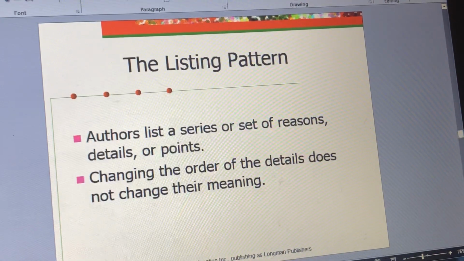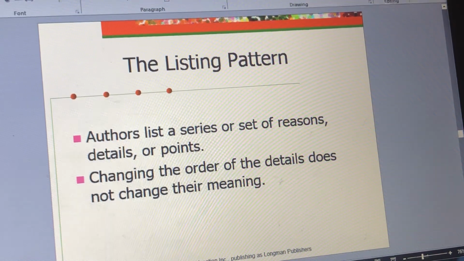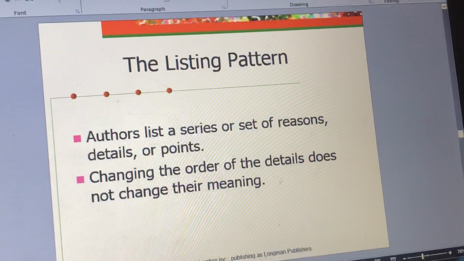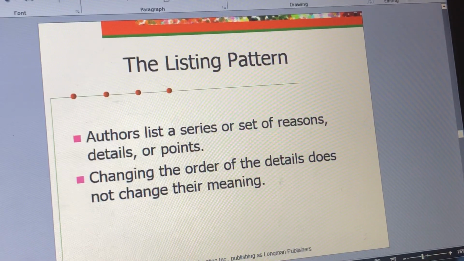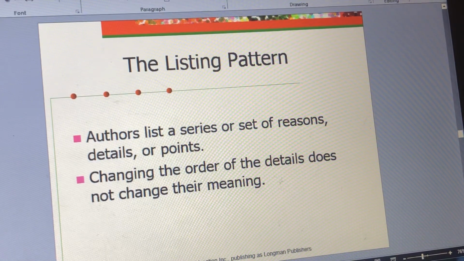All right. Listing patterns are very important because authors may use these in argumentative essays. You may also see these within the different types of essays that we've talked about so far. So you can look for these as signals of the specific type of essay, or you may look at these as a subpoint to a main point that you may be looking at in any of these different essays.